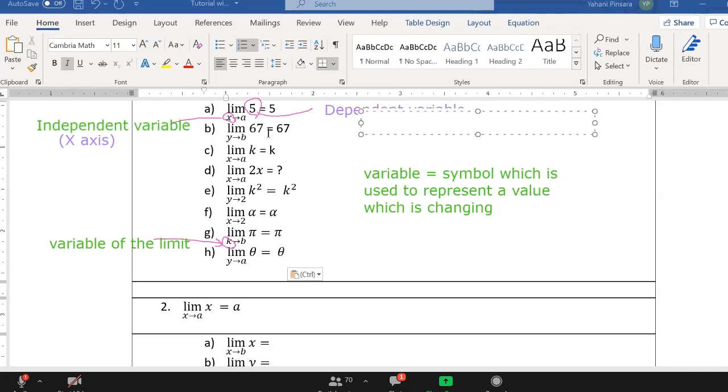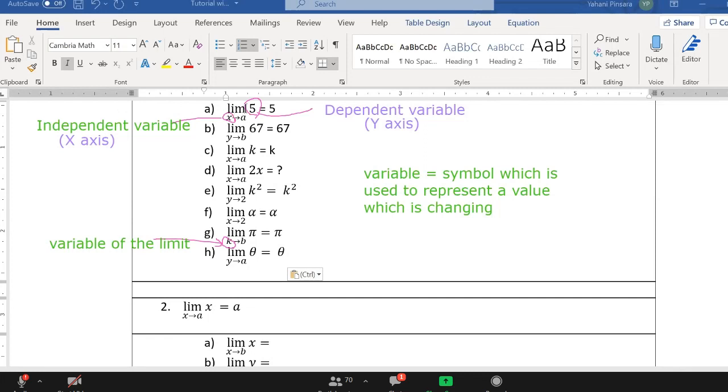To denote the dependent variable, we usually use the y axis. So this y-axis, this x-axis and this x are totally different. These are two different things.